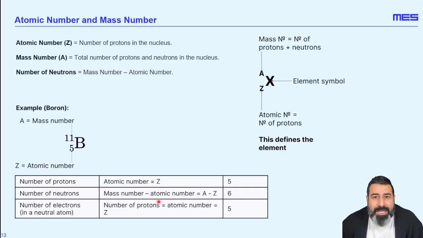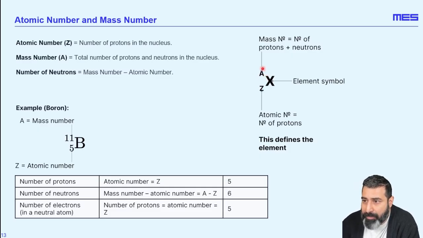Okay, atomic number and the mass number. As we saw in the periodic table, the elements are arranged in order of proton number, and the elements are given element symbols. The first letter is always a capital. The second letter, if it has a second letter, will be a lowercase. That is definitely not capital. Normally we're given an element symbol and two numbers either side.